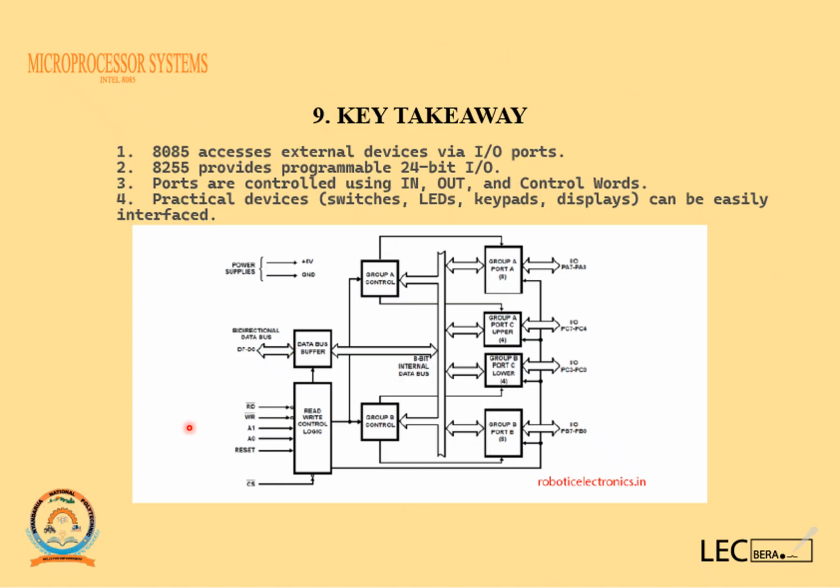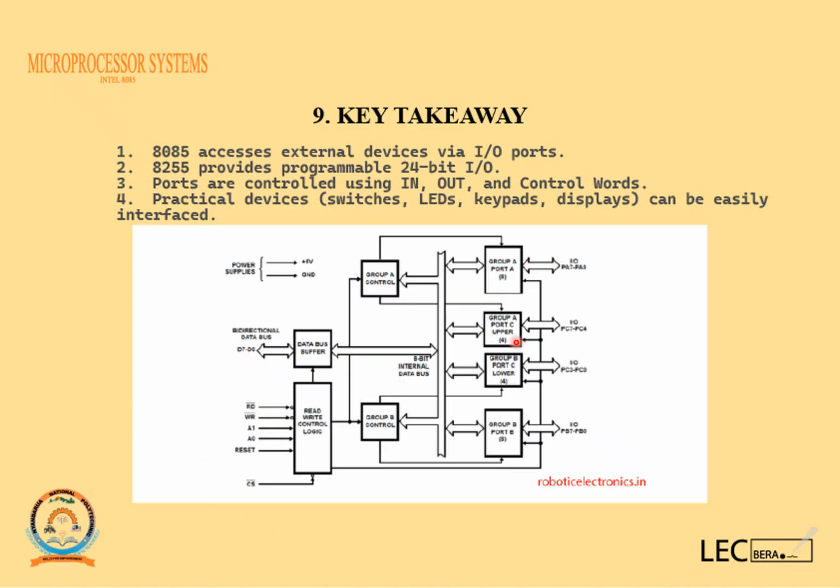inside this IC. We've seen we have power, we have D0 to D7 to exchange data between our Intel 8255 and our microprocessor. We have the control pins, which are going to be interfaced to our Intel 8085 for control signals, and we've seen the work of all these pins.